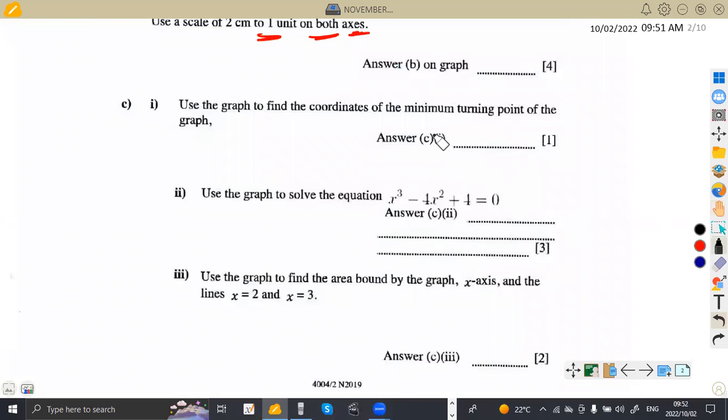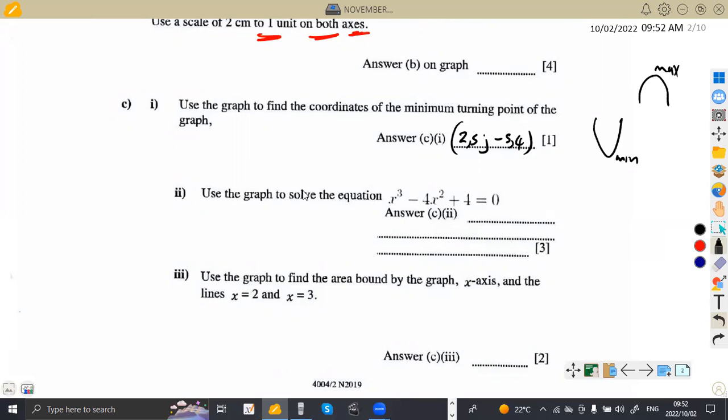You're going to write the point: 2,5 versus minus 5,4. That's where the graph is turning like this. That's minimum. When it turns like that, it is maximum. So you state the value of x at that point and the value of y at that point. That is the minimum turning point.